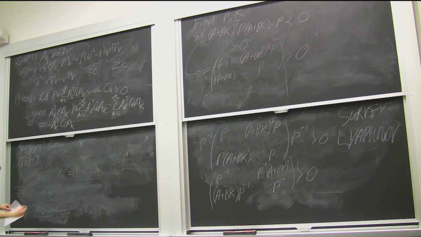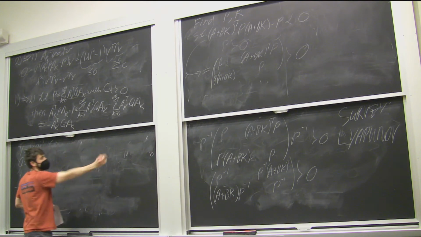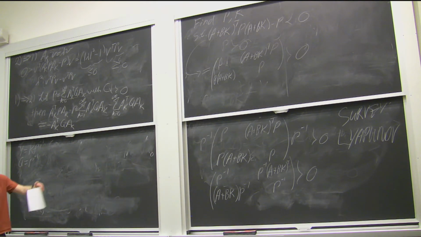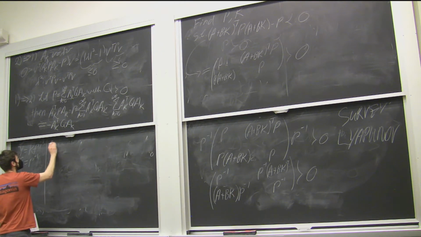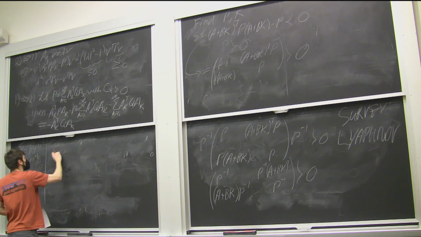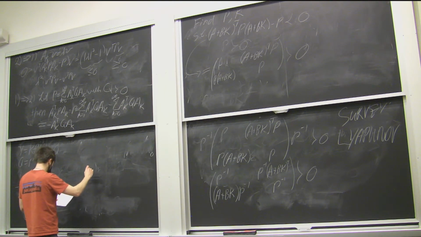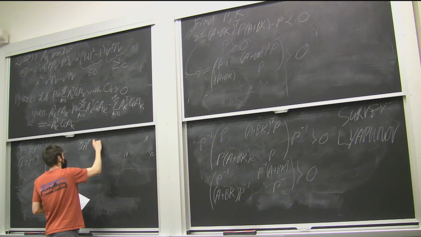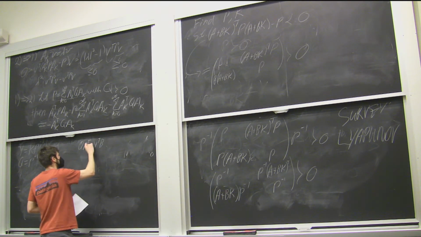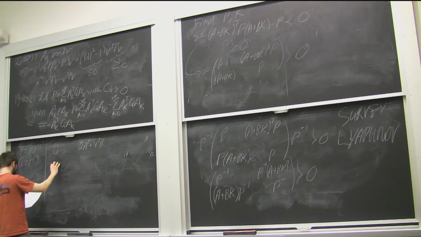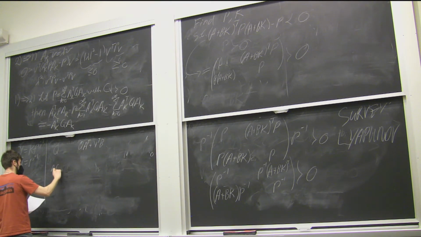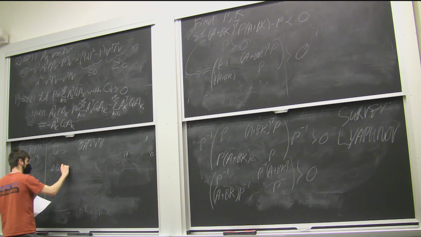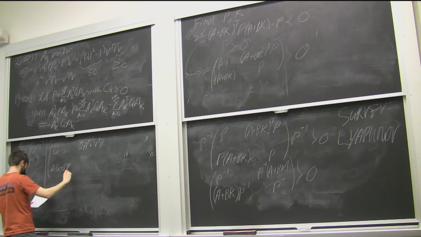So in these new variables, what does this inequality look like? This looks like Q A transpose, Y transpose B transpose, A Q plus B Y, Q.